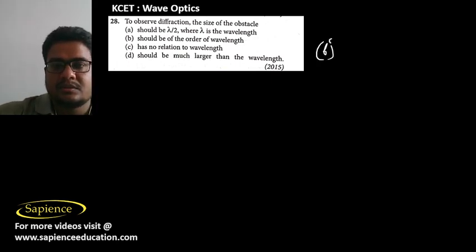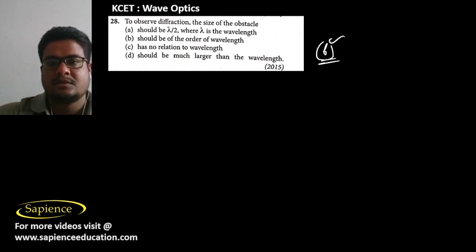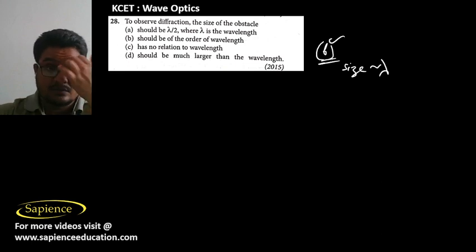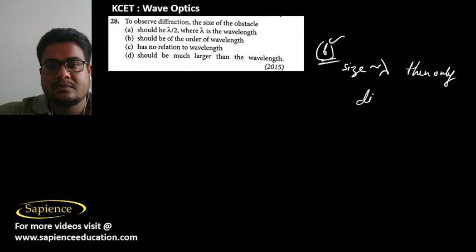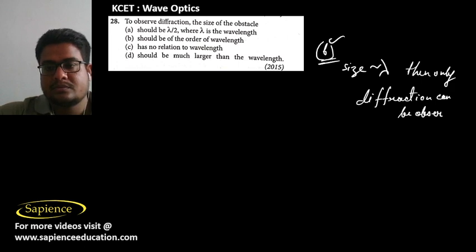Option B is the correct answer. The size of the obstacle should be of the order of the wavelength of the light used. Then only the diffraction of the wave can be observed.